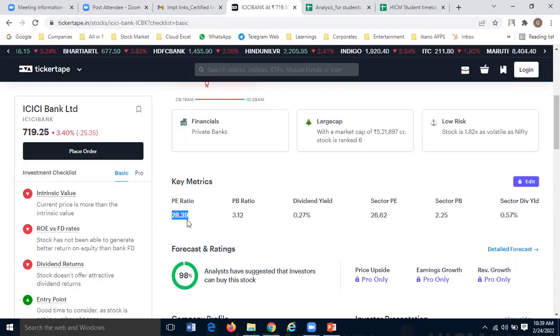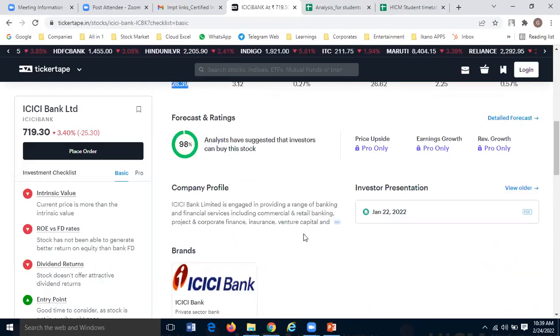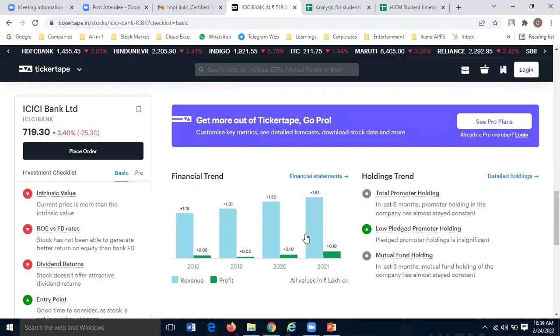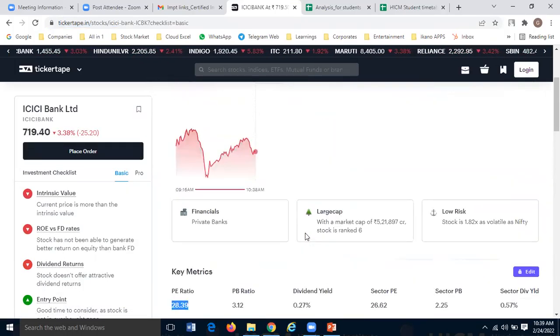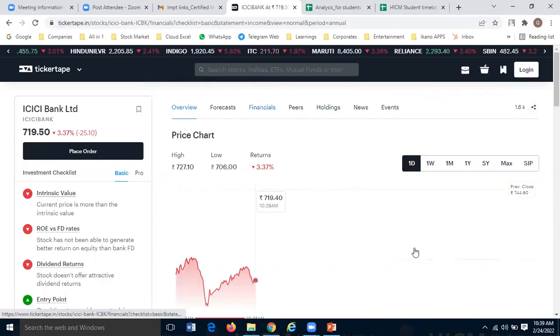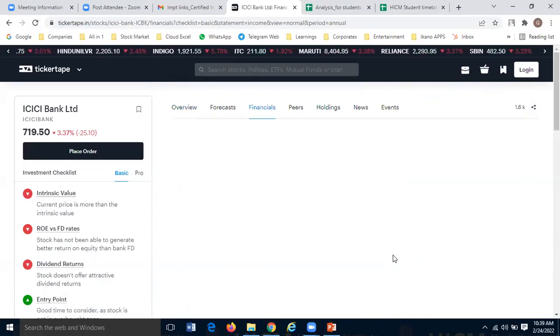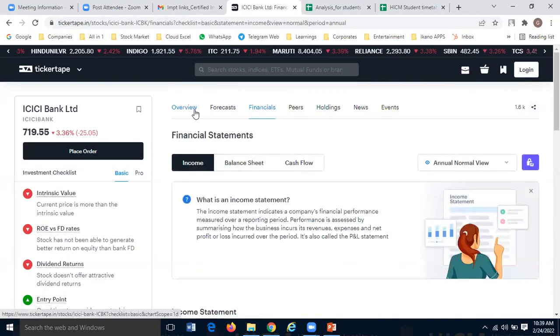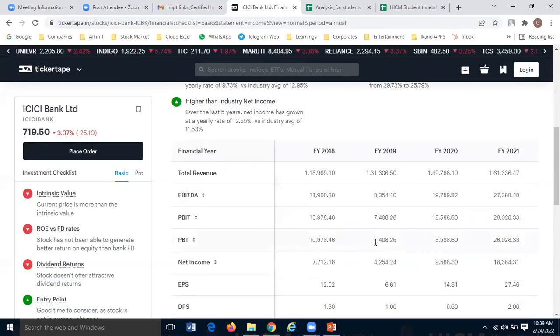It means, if the growth rate of ICICI Bank has to be known, on which percentage the profit is growing, we will come down and analyze the balance sheet, the financials.